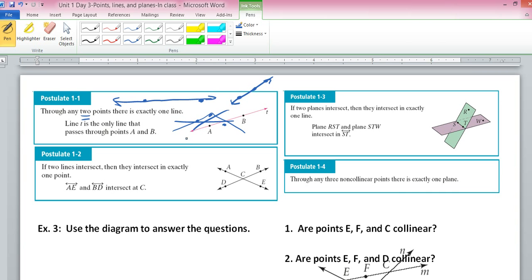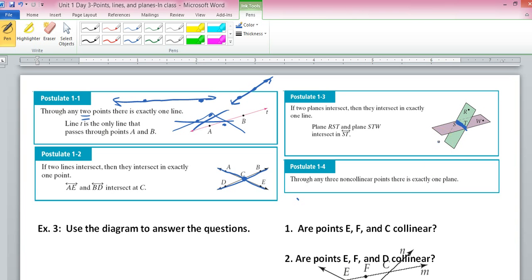The second one: if 2 lines intersect, then they intersect in exactly 1 point. Notice, lines don't bend, they're straight. So when I look at this line and this line, they will only intersect in 1 point because they'll never bend around to intersect again. Postulate 1.3: if 2 planes intersect, then they intersect in exactly 1 line. You look at these 2 planes, this green plane and this purple plane, they intersect in an infinite number of points here.